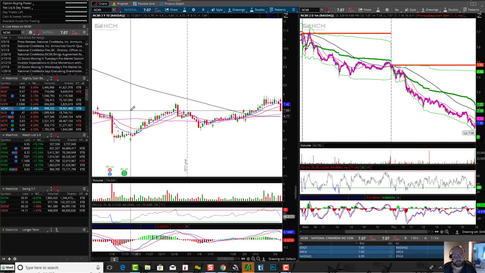This one's easy to borrow, so you can get shares with thinkorswim. So you can see the moving average lines below, right? That would be support.